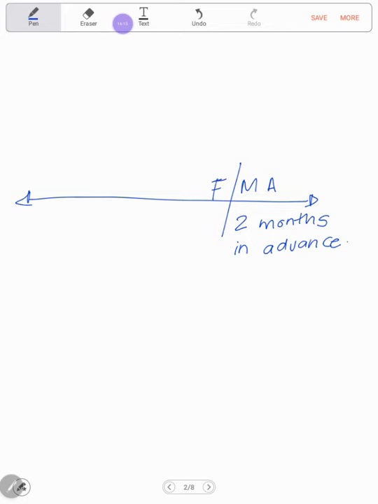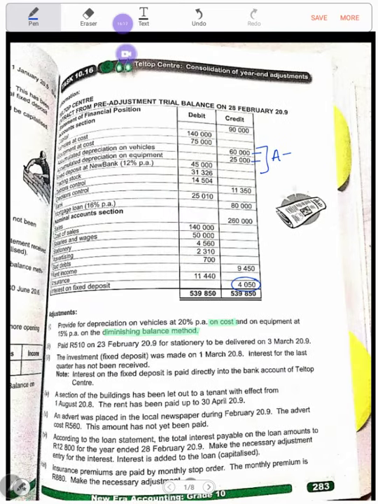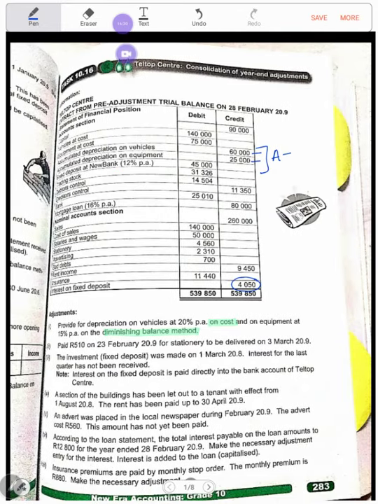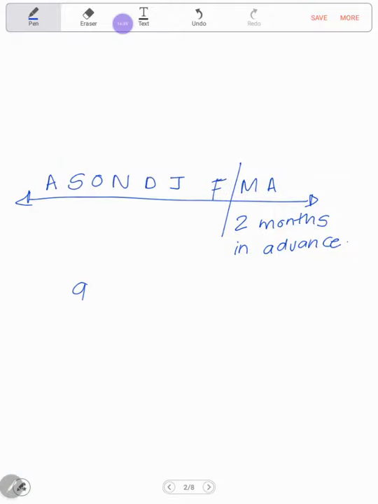Okay, when did we start letting this building out? The 1st of August 20.8. So from August, September, October, November, December, January, February. So remember, you will always look at your pre-adjustment trial balance. Your rent income was 9,050. 9,050 is what it has on our pre-adjustment trial balance, and we will always divide it by the number of months that the tenant has paid us for.